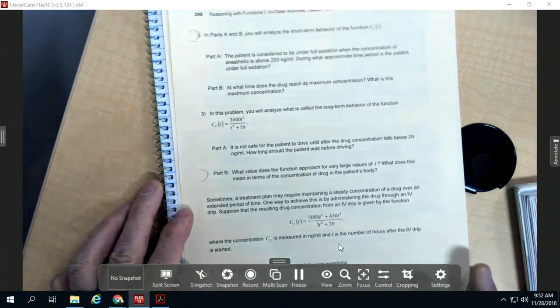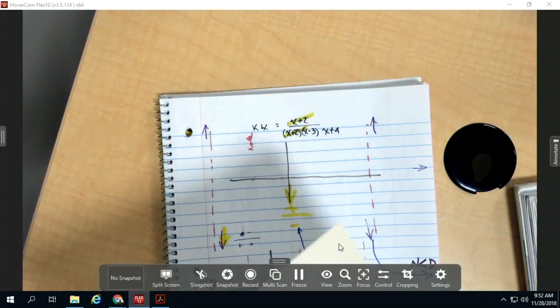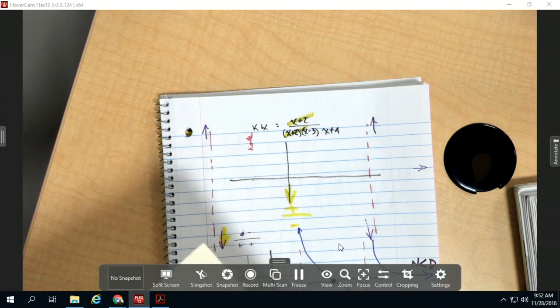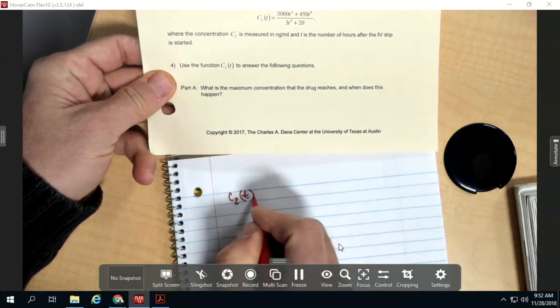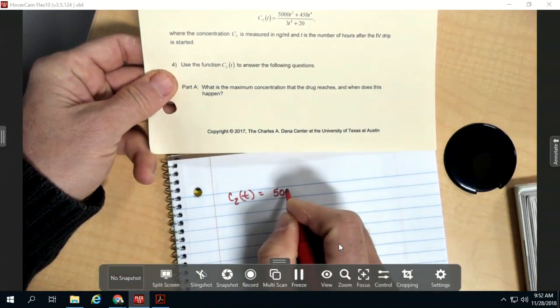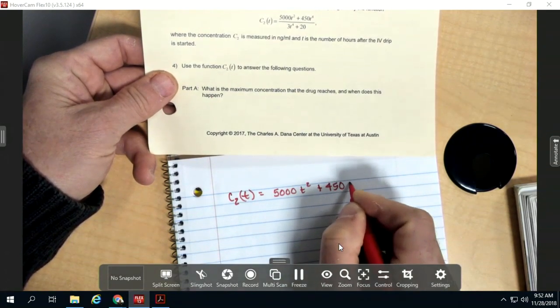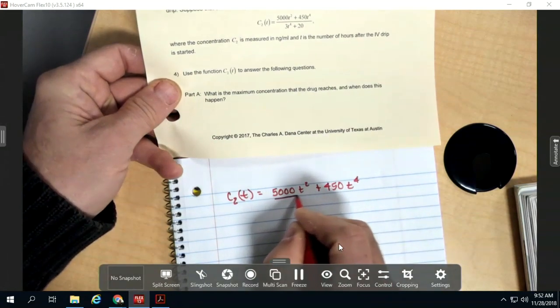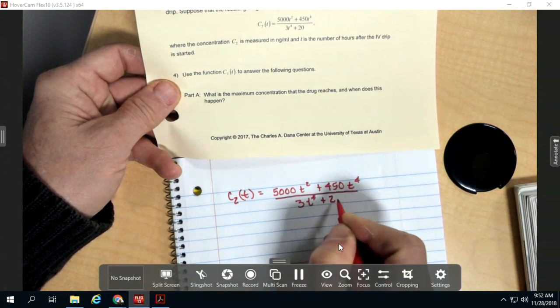Suppose that the resulting drug concentration from an IV drip is given by this function, C2 of t is 5,000 t squared plus 450 t to the fourth over 3 t to the fourth plus 20.